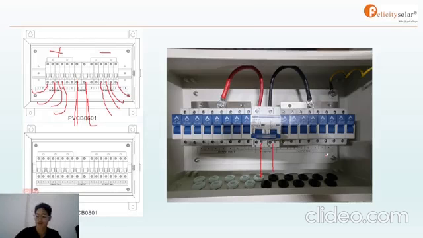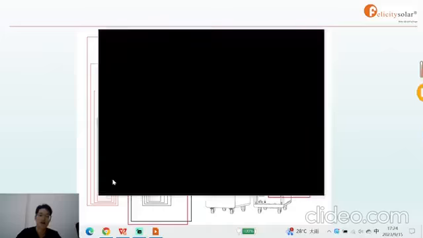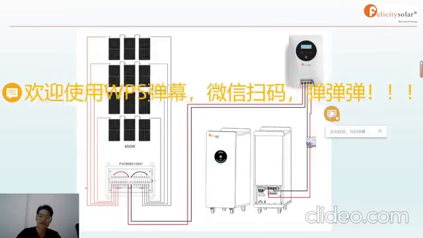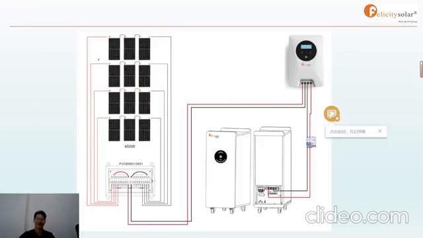Let's show you some examples, some pictures. You can see that in this system, there are 12 panels, and the panels' positive and negative terminals, there are 4 terminals that are connected in there.